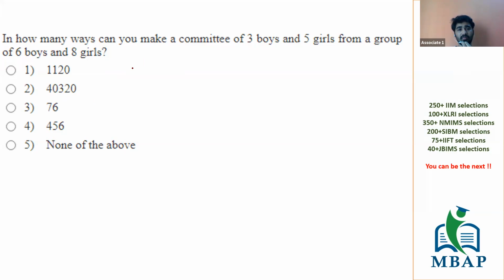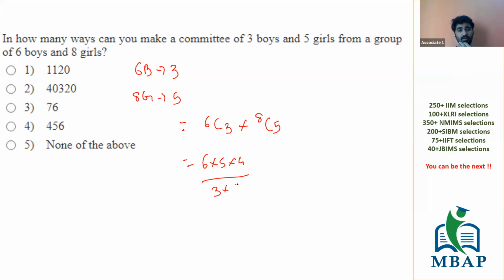Out of 6 boys, you will select 3. Out of 8 girls, you will select 5. So your answer will be 6C3 into 8C5. 6C3 is 6 into 5 into 4 upon 3 into 2. 8C5 can be written as 8C3, so 8 into 7 into 6 upon 3 into 2.